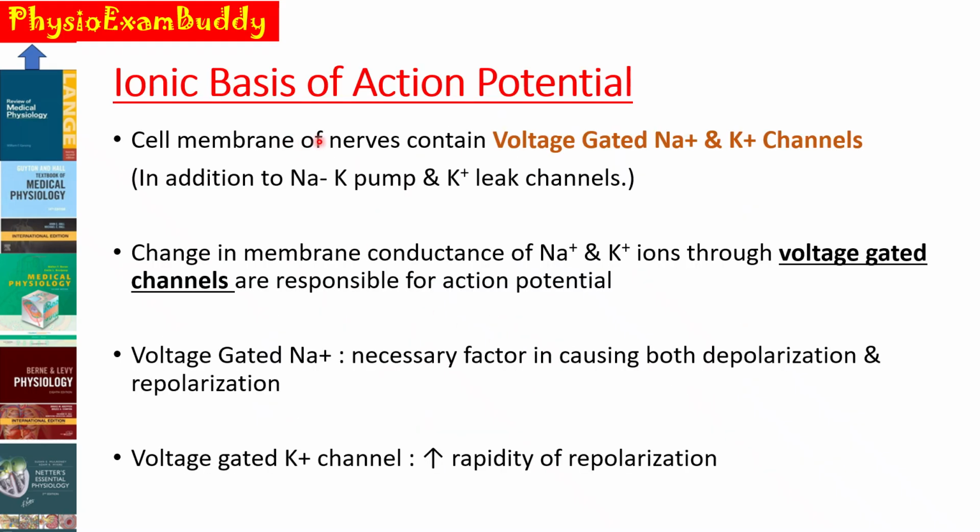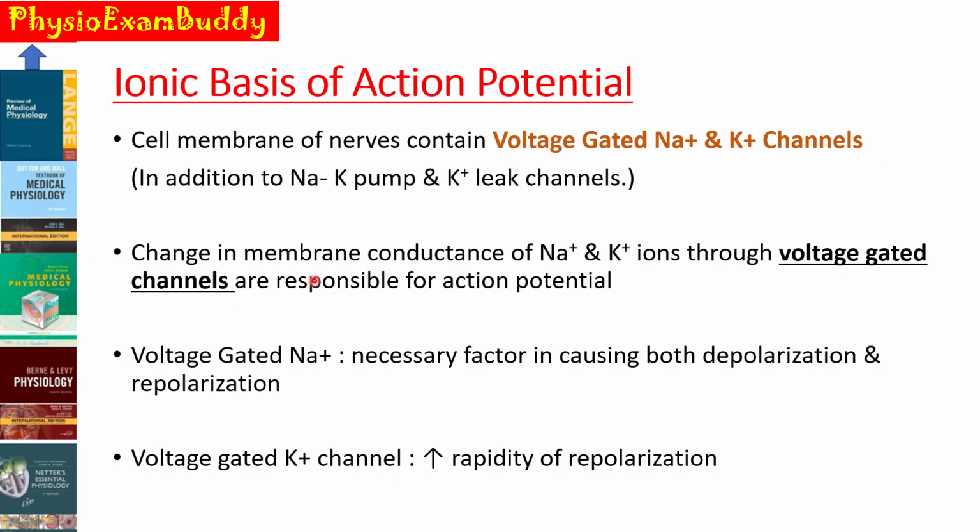Now about the ionic basis of the nerve action potential. In case of neurons, the cell membranes of the nerves mainly contain two types of channel, that is, voltage gated sodium channel as well as voltage gated potassium channel, in addition to the sodium potassium pump as well as the potassium leak channels.